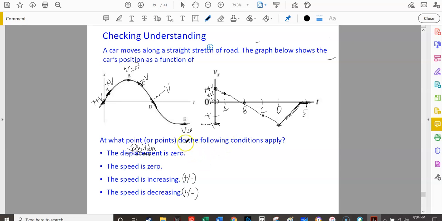So your displacement, your position, is 0 at the initial point, which is I, and I'll put that right here. I is right there.